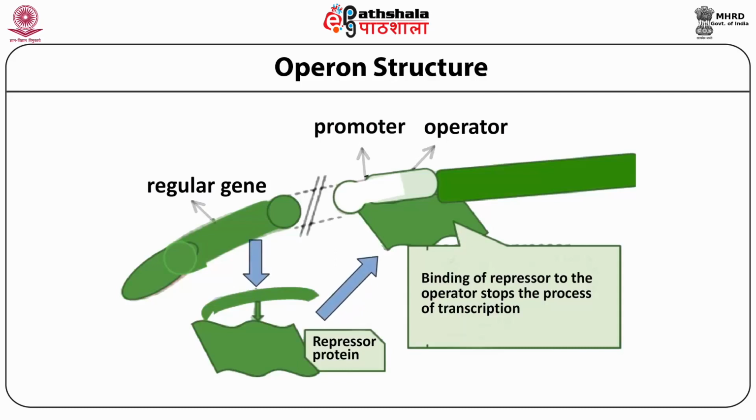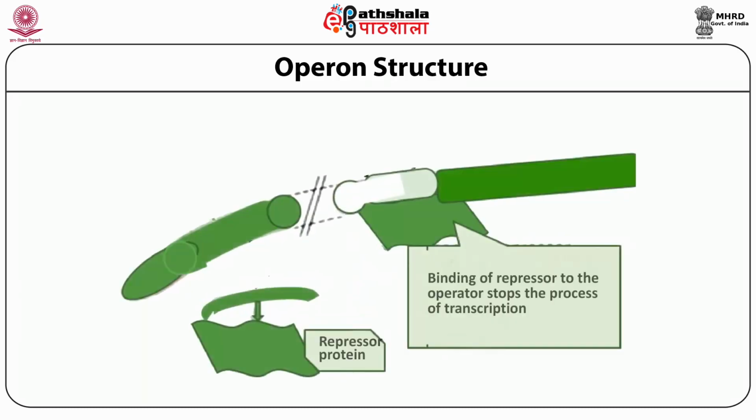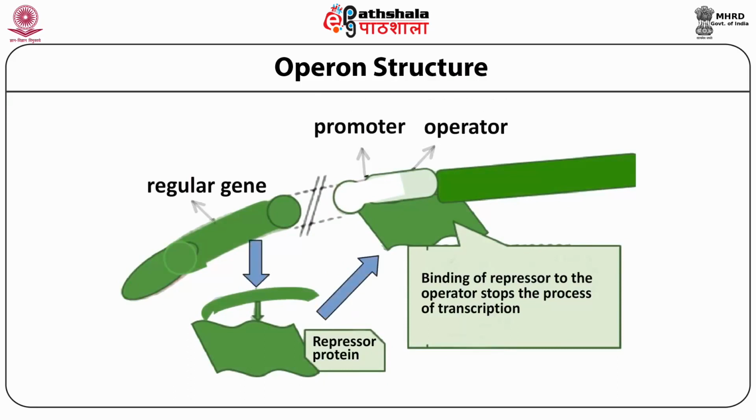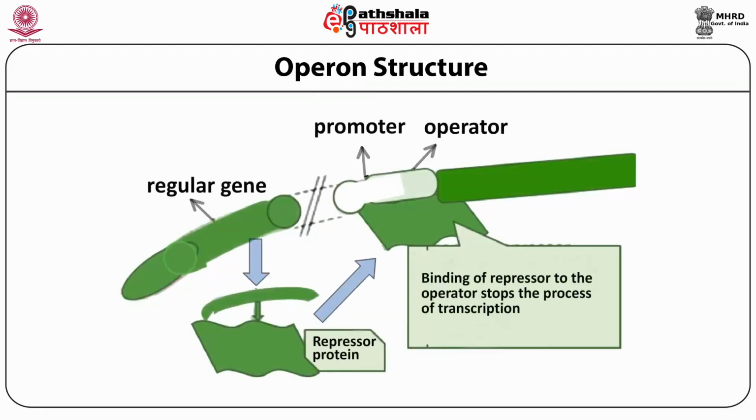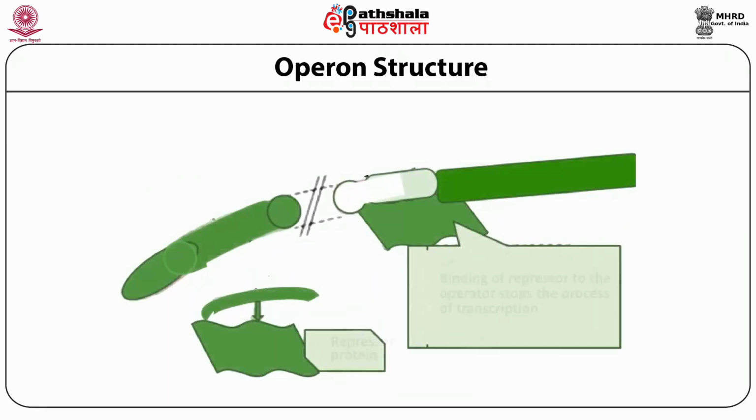This switching off of the genes is achieved when tryptophan binds to the TRP repressor to activate it.